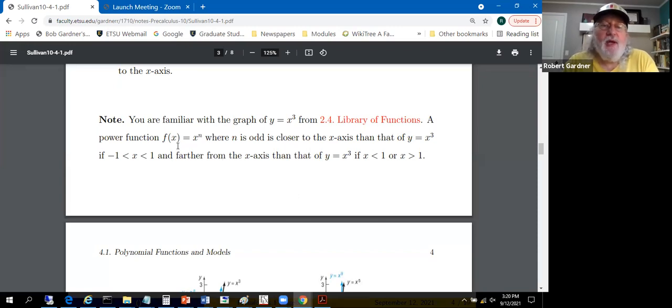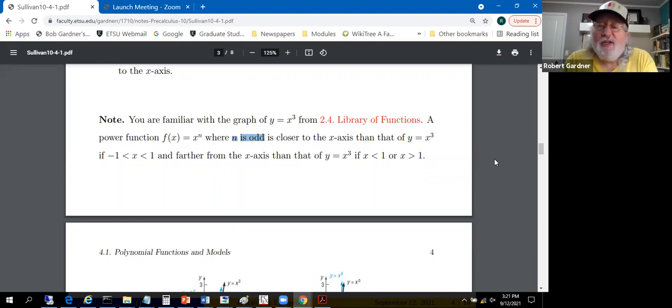A power function, f of x equals x to the n, where this time n is odd, so we're considering now odd exponents, is closer to the x-axis than the graph of y equals x cubed for x between -1 and 1, and farther from the x-axis than corresponding points on y equals x cubed for x less than -1 or x greater than 1. This is the same thing we had before in terms of closer or further away.